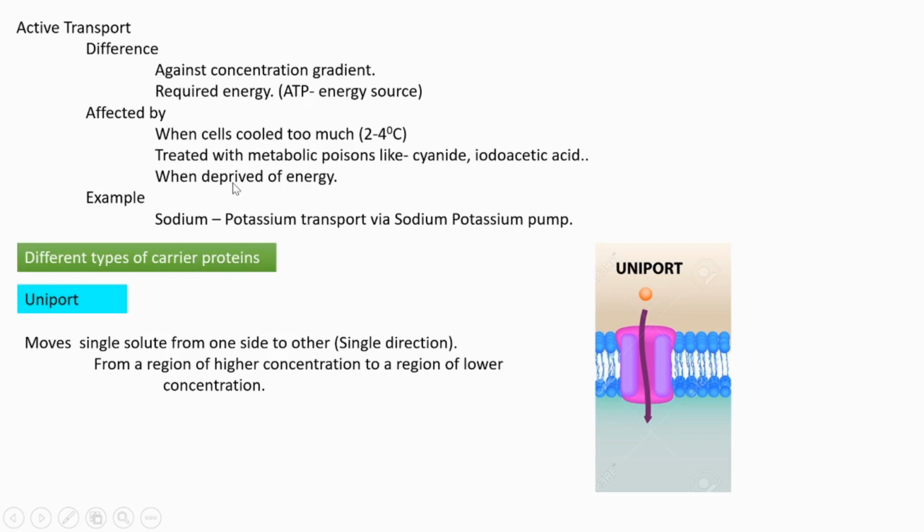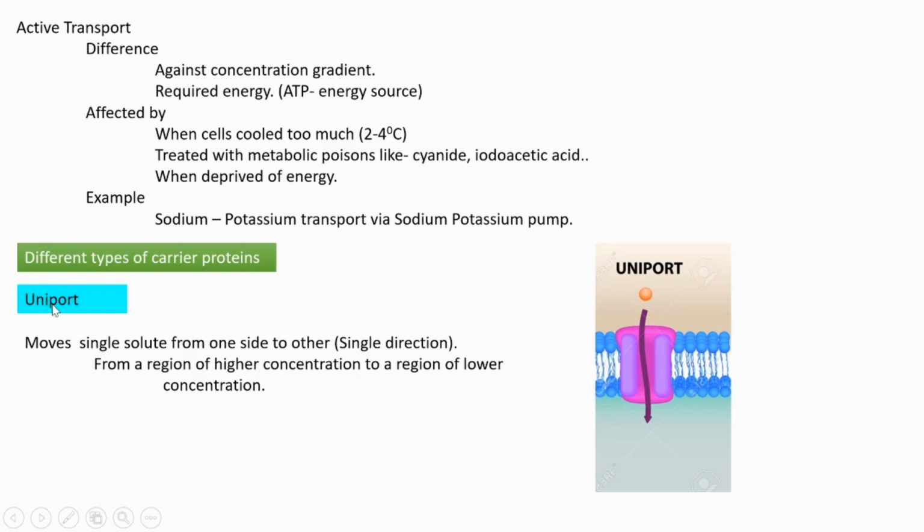And also when there is not enough energy, we know that active transport requires energy for transporting molecules across the plasma membrane. So whenever there is no sufficient energy, active transport will not take place properly. An example of active transport is sodium potassium transport, and that takes place with the help of a protein pump called the sodium potassium pump. Next we are going to learn about different types of carrier proteins.